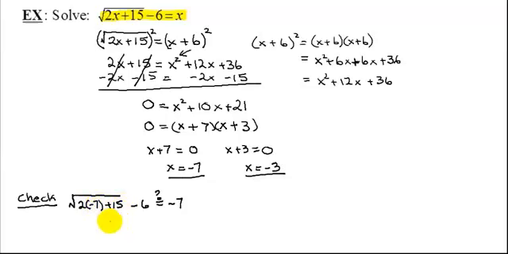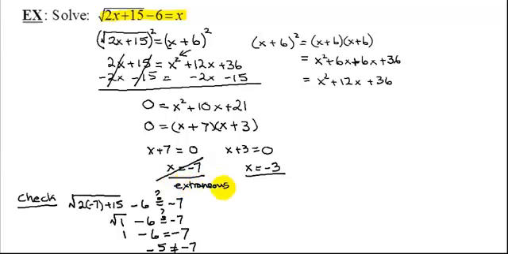Negative 14 plus 15 is 1, so is the square root of 1 minus 6 equal to negative 7? Remember, the square root of 1, when written with the radical sign, means pick the positive square root. So is 1 minus 6 equal to negative 7? Definitely negative 5 does not equal negative 7. Therefore, this is an extraneous solution.